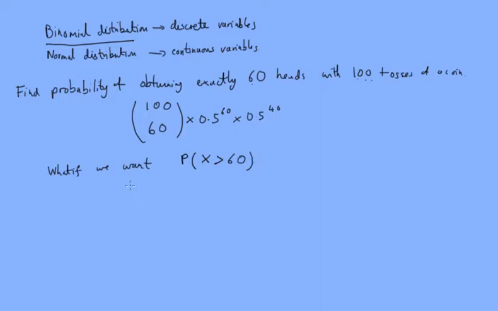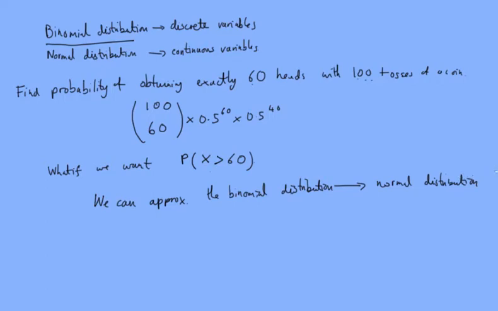We can approximate the binomial distribution with the normal distribution, and we can then use our phi tables to work out what that probability would be.